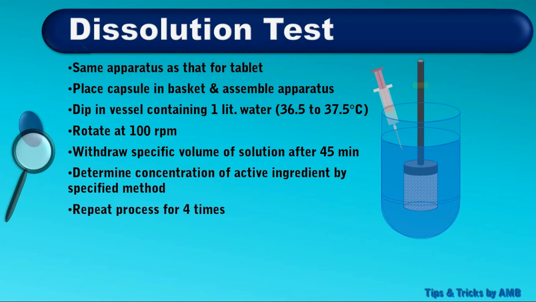Repeat the complete process 4 times. The capsules pass the test if the amount of active ingredient in the solution is not less than 70% of the stated amount, or not less than the percent stated in the monograph of that particular drug. So this is about the dissolution test.